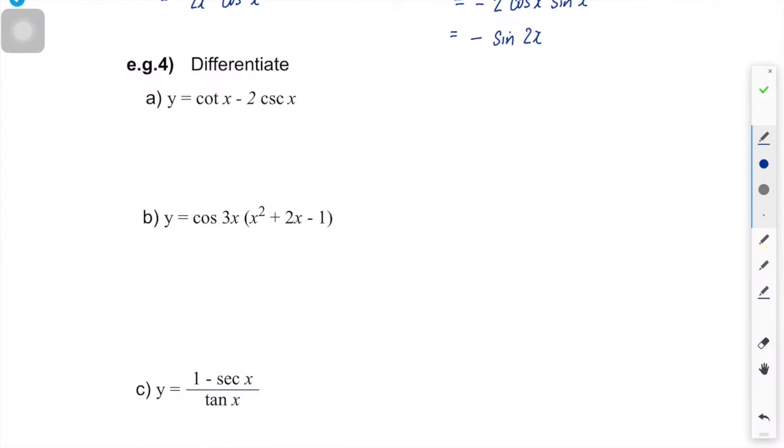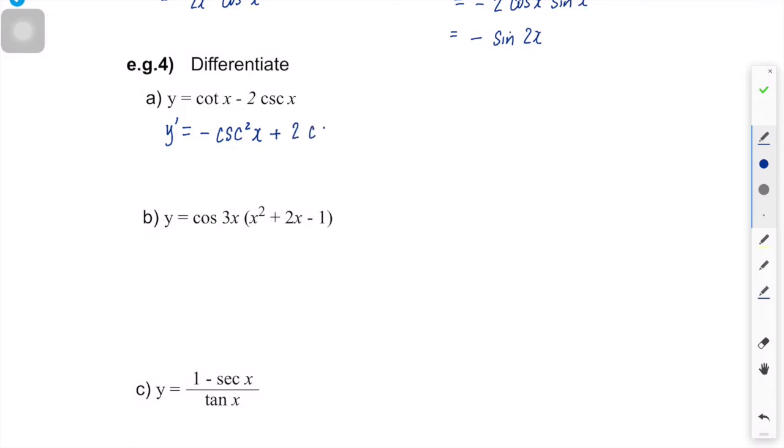Moving along. Example 4. Differentiate y equals the cotangent x minus 2 cosecant x. You can use the chart to help you. The derivative of cotangent x is negative cosecant square x. And then the derivative of cosecant x is negative cosecant cotangent. So now negative negative makes positive.